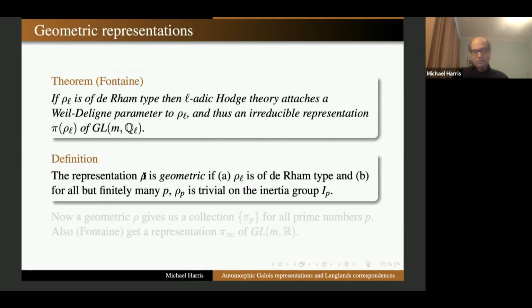The representation rho is geometric if first rho L is of de Rham type, which means we get a pi of rho L, which you wouldn't have had otherwise. And then for all but finitely many p, rho p is trivial on the inertia group, which implies, among other things, that pi of rho p is one of those principal series representations, those induced from the upper triangular subgroup.